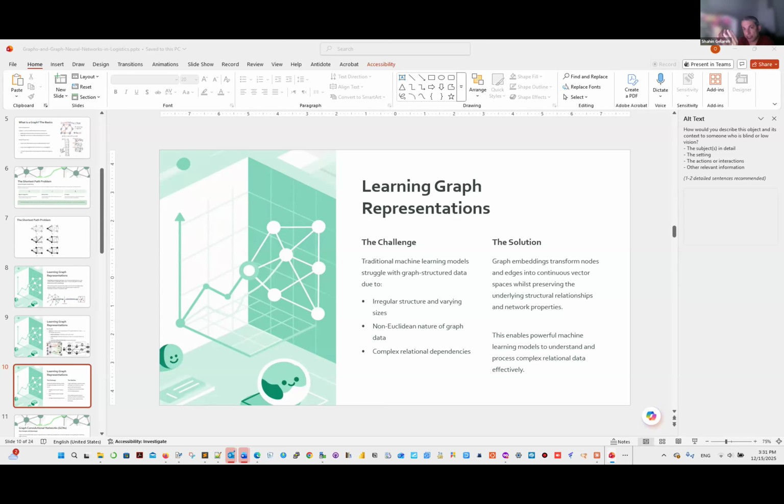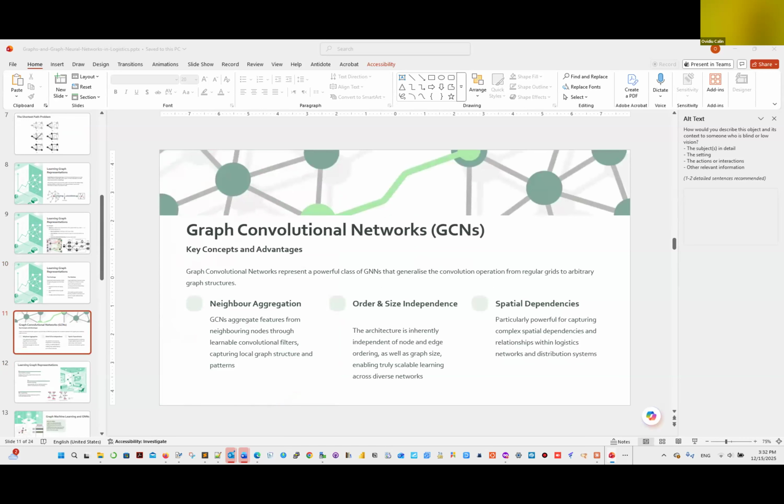So we do the learning in that space, a space of vectors, and then bring the result back to the original space. This is basically the idea of the graph neural network: instead of giving the graph directly as input, we transform the graph into embeddings.